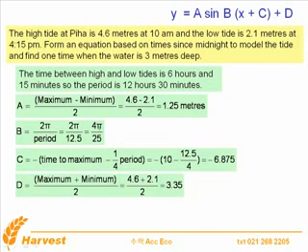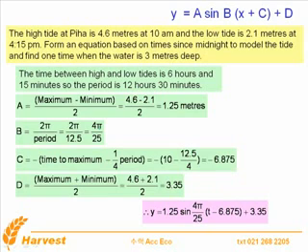So the equation is this. Now a value, we use this value, and b is this one, and c, horizontal translation, and vertical translation, is this value.